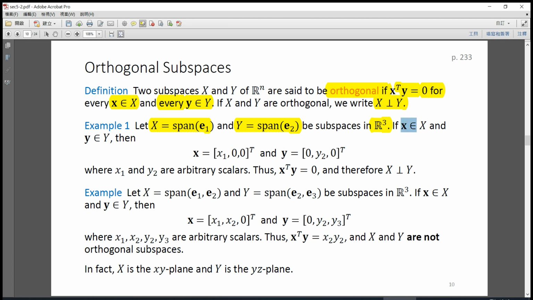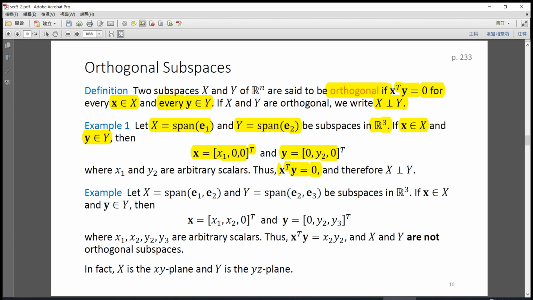If x belongs to the x-axis and y belongs to the y-axis, then x can be expressed as x1, 0, 0, and y can be expressed as 0, y2, 0, and thus x transpose y always equals 0 for any scalars x1 and y2, and therefore we know X and Y are orthogonal subspaces.